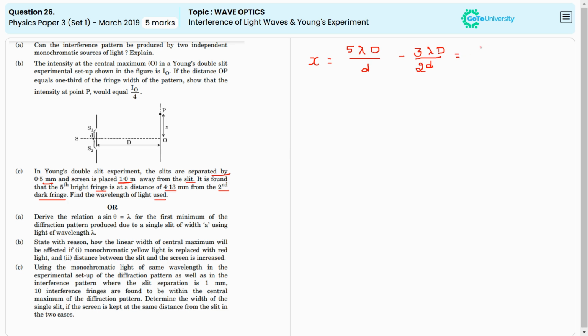Then this is 7 by 2 times lambda D divided by d.